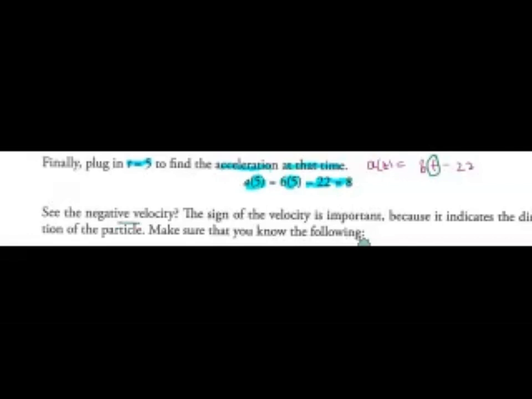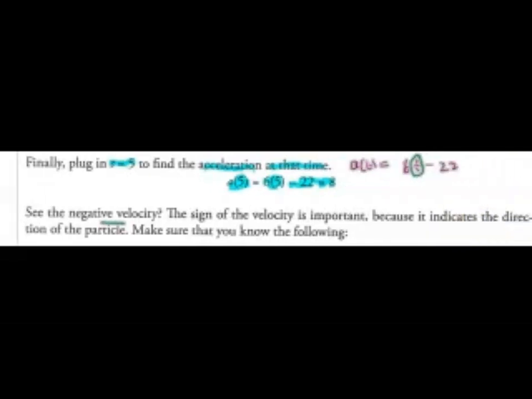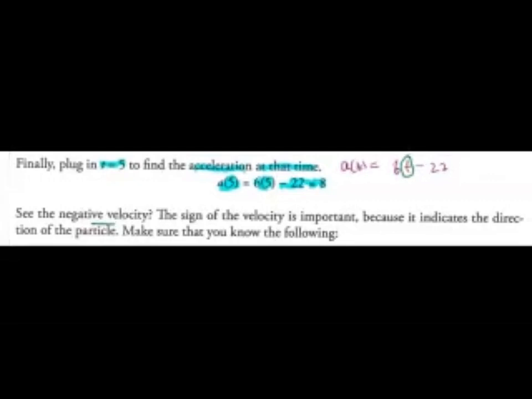Now see the negative velocity. The sign of velocity is important because it indicates the direction of motion of the particle.